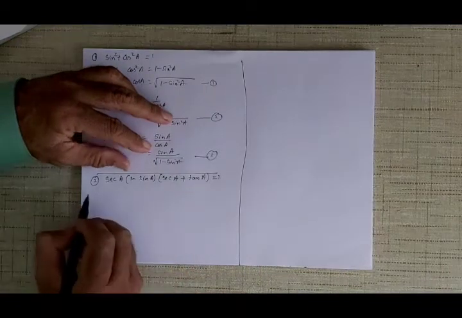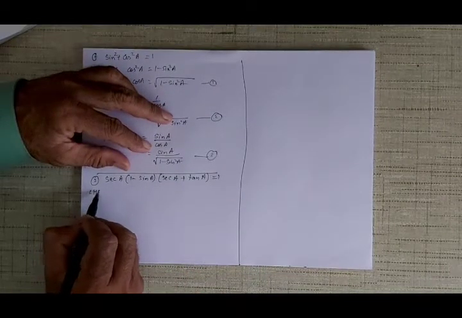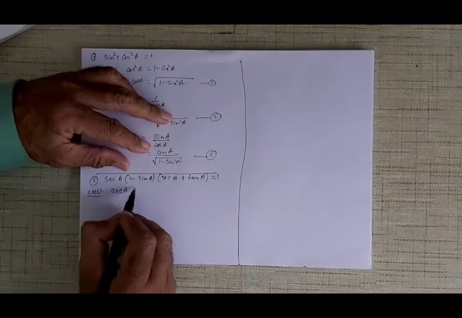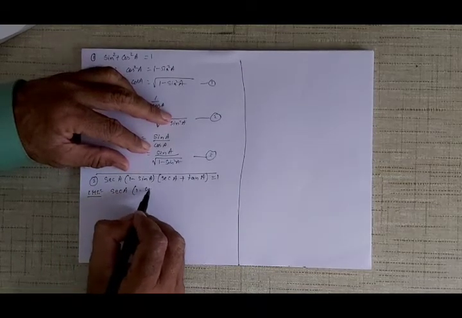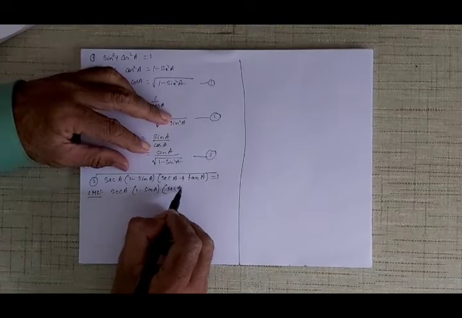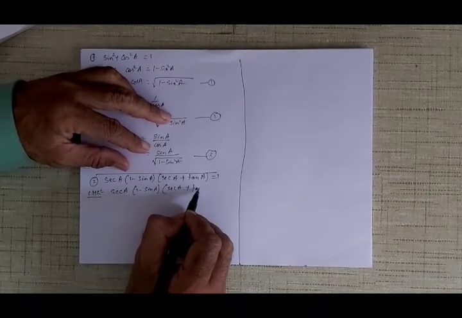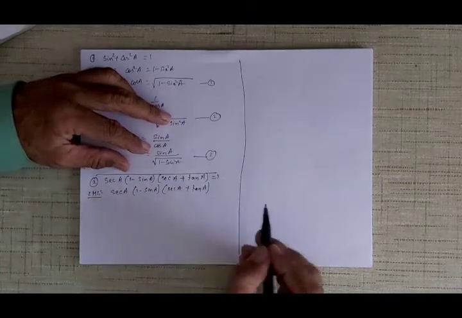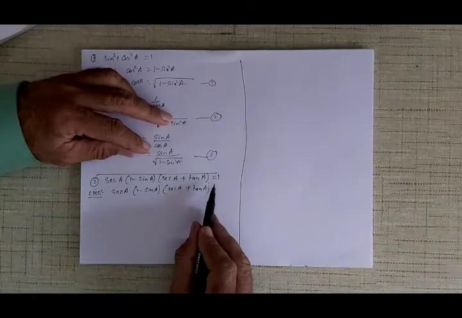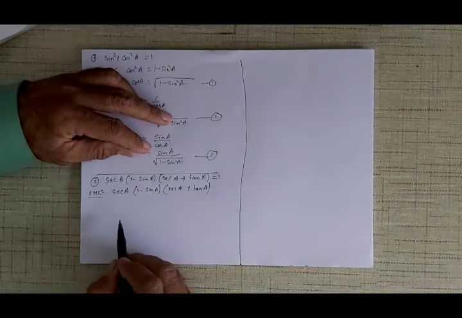In order to prove this, we start with the left hand side. Left hand side is sec A (1 minus sin A)(sec A plus tan A). We want to show that this is equal to 1. So first of all, convert everything into sine and cos.